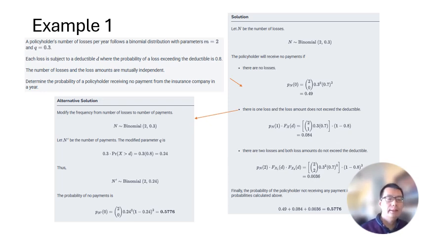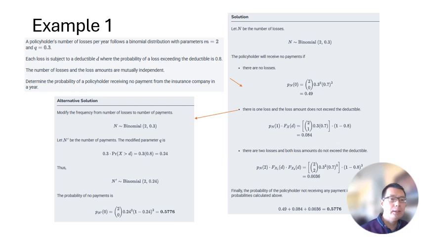Now let's look at this example. A policyholder's number of losses per year follows a binomial distribution with parameter m equal 2 and q equal 0.3. Each loss is subject to a deductible D where the probability of loss exceeding the deductible is 0.8. The number of losses and loss amounts are mutually independent.